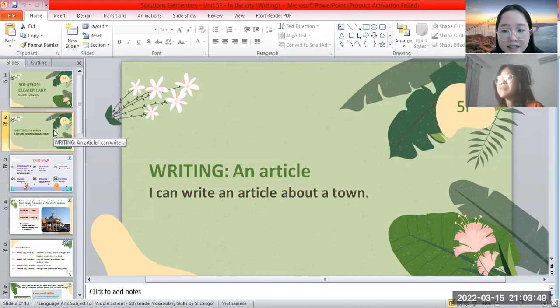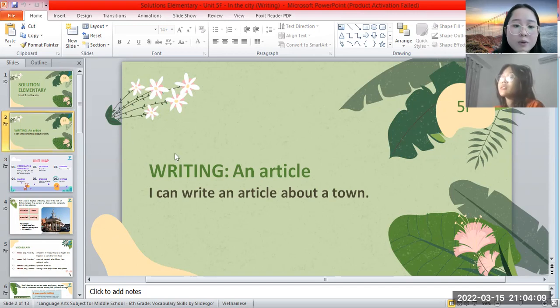Okay, so today's lesson we will learn about writing an article. Do you know what an article is? An article is kind of an essay that includes many parts of different things.